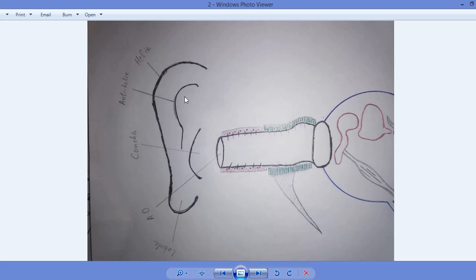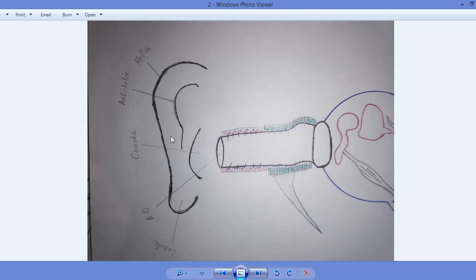Because the anterior surface consists of sebaceous glands which secrete sebum, and sebum is an oil-like secretion, and oil has the property to absorb the sound waves, while the posterior surface consists of sweat glands which secrete sweat, and sweat contains a large quantity of water, or salty solution, or saline. So that saline or water reflects the sound waves, or rebounds the sound waves, while the sebum does not rebound the sound, it absorbs the sound waves.